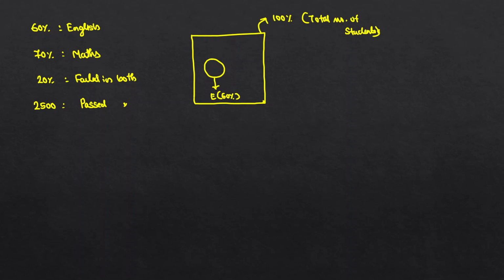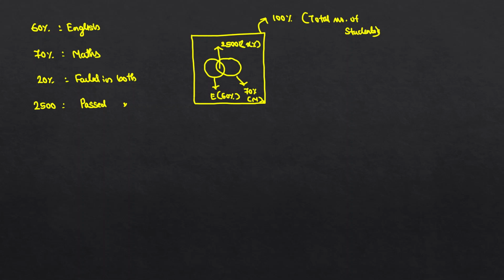The other circle represents the number of students who passed in mathematics. We know that the students who passed in mathematics also include students who passed English. So there should be an overlap, and this circle is equal to 70 percentage. The area in between shows the number of students who passed in both, which is equal to 2,500, and let it be X percentage.